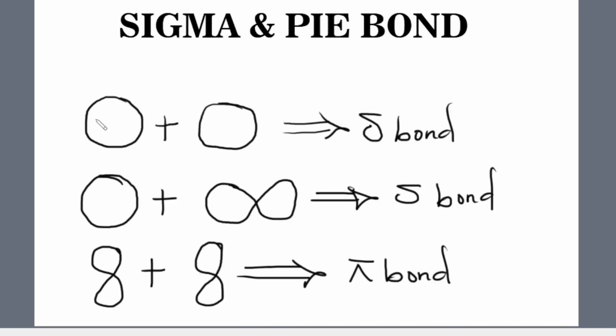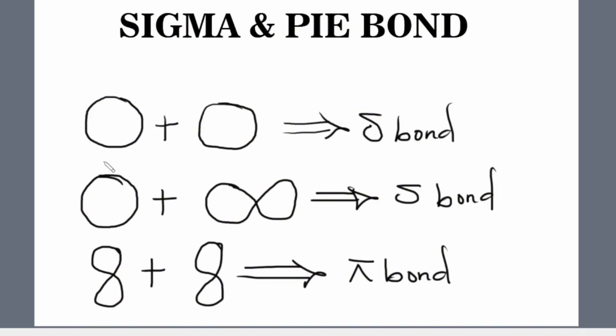Whenever you see something like this, a circle, it is an s orbital. And whenever you see something like this, just like an infinity sign, it is a p orbital. So when an s orbital covalently bonds with an s orbital head to head, it gives us a sigma bond.